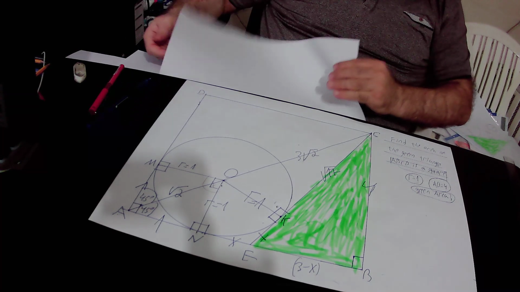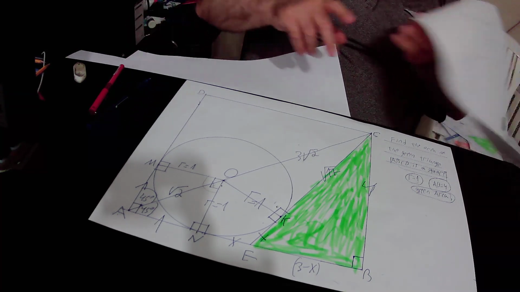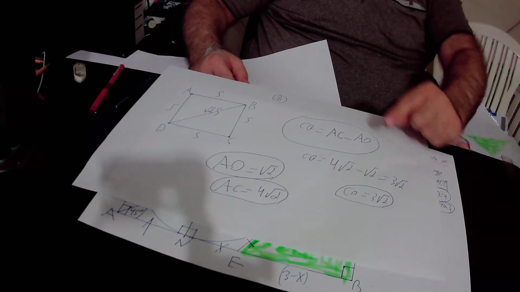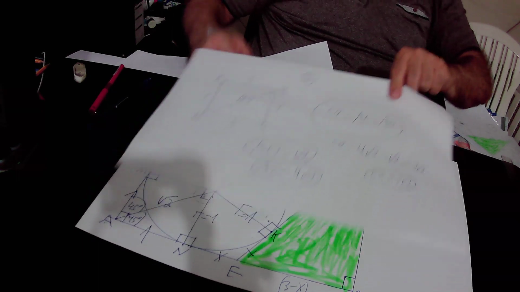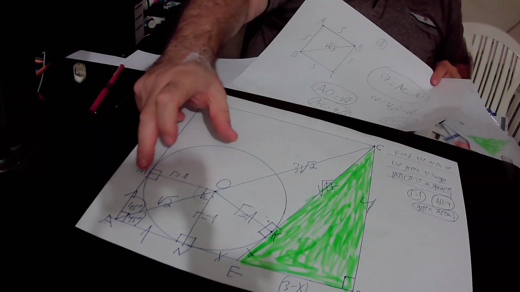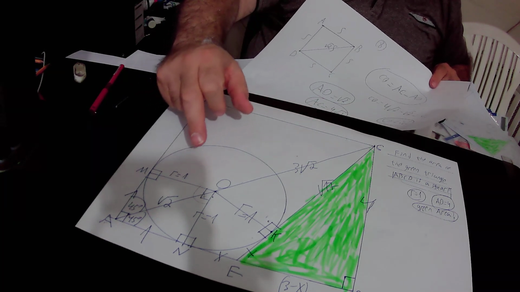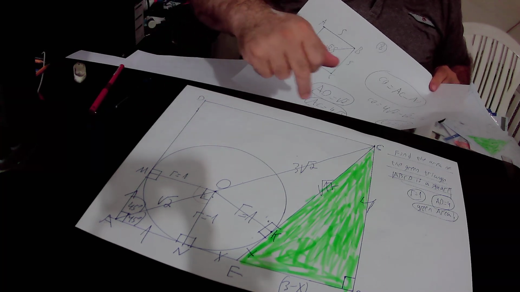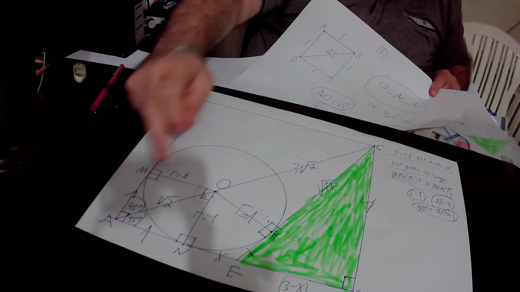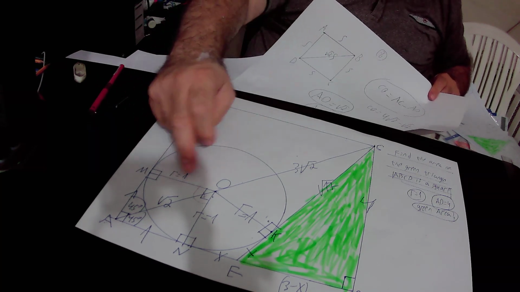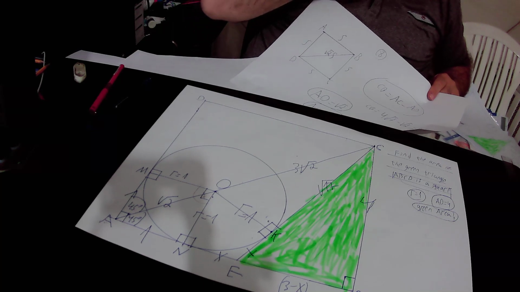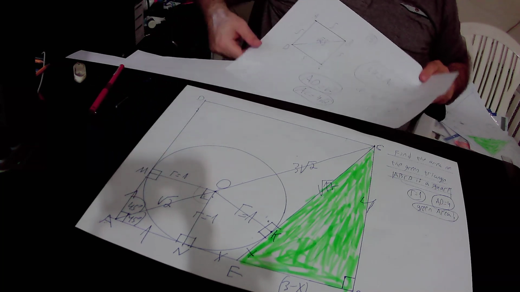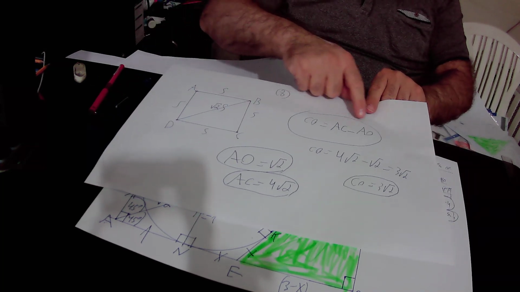The diagonal AC of square ABCD equals 4 times square root of 2 units, and CO equals CA minus AO.